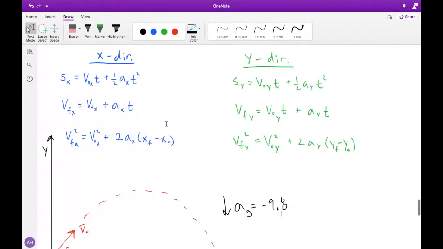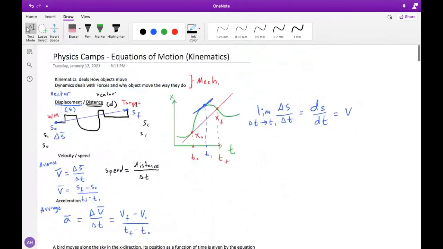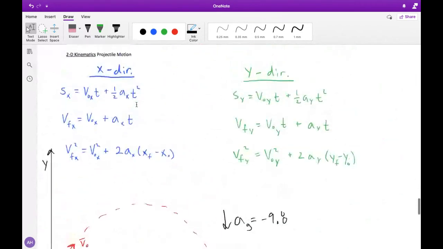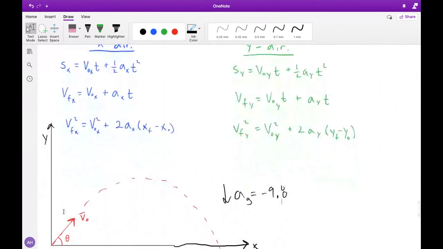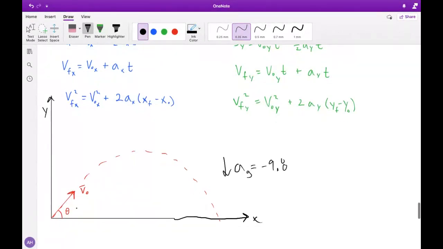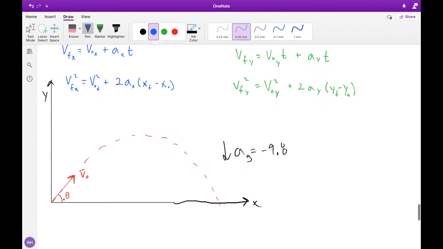And again, we have to break it down this way because since we're now talking about 2 dimensions, this velocity vector has to be broken into its x and y components for us to truly analyze it. So this initial velocity has an x component that's related to this angle.